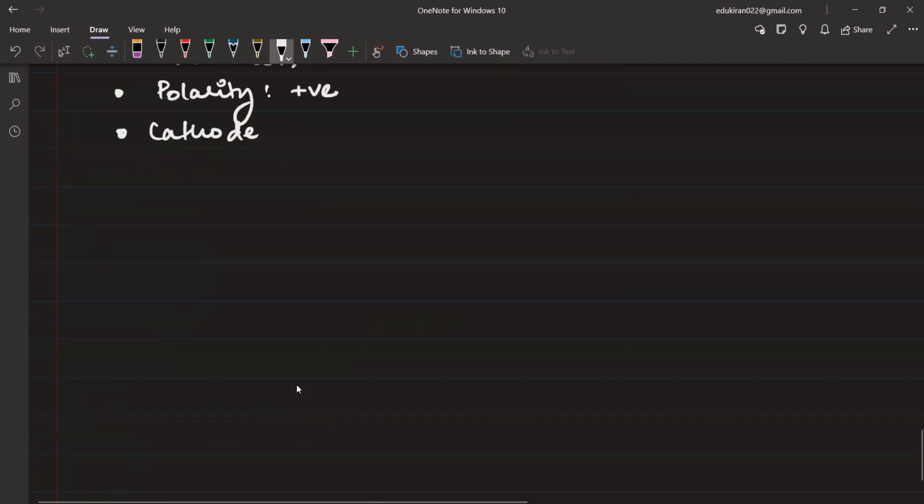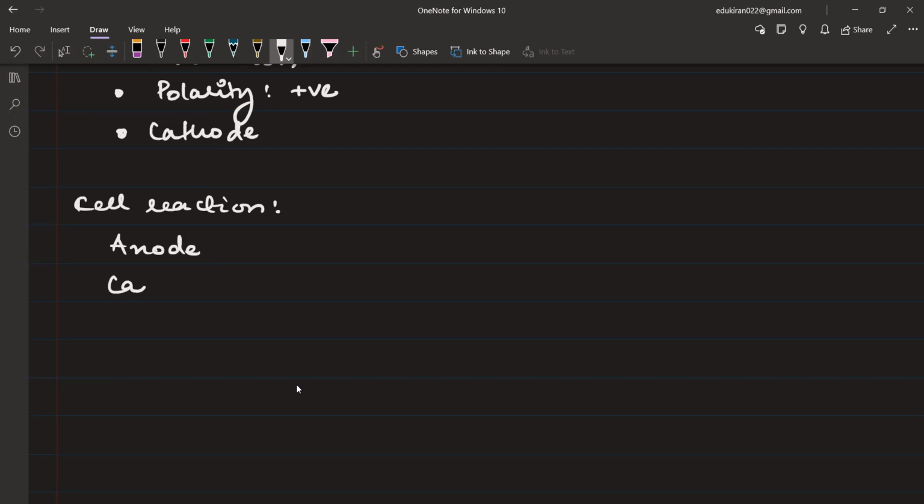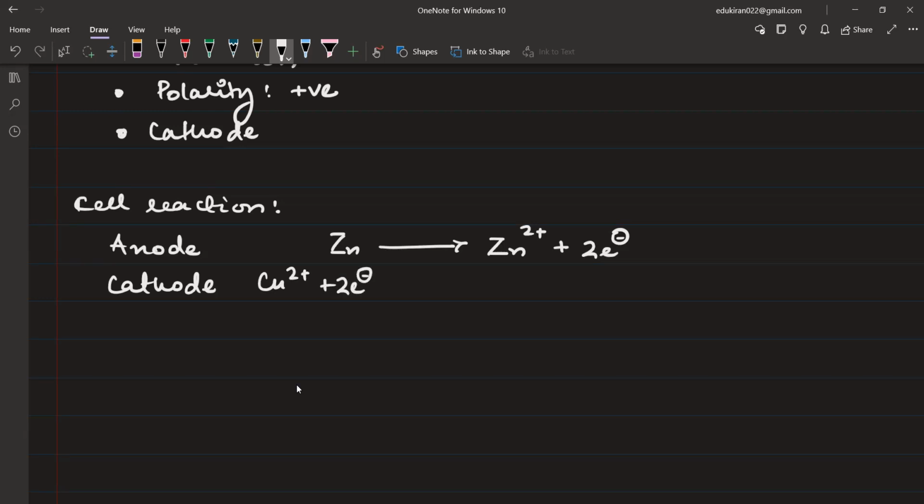Now we'll write the cell reaction. Whenever you have to write the cell reaction, you write the reaction at the anode, the reaction at the cathode, and add them up. At the anode, we saw that zinc is getting converted to Zn2+ and 2 electrons. At the cathode, Cu2+ is getting 2 electrons from the rod and getting converted to copper.